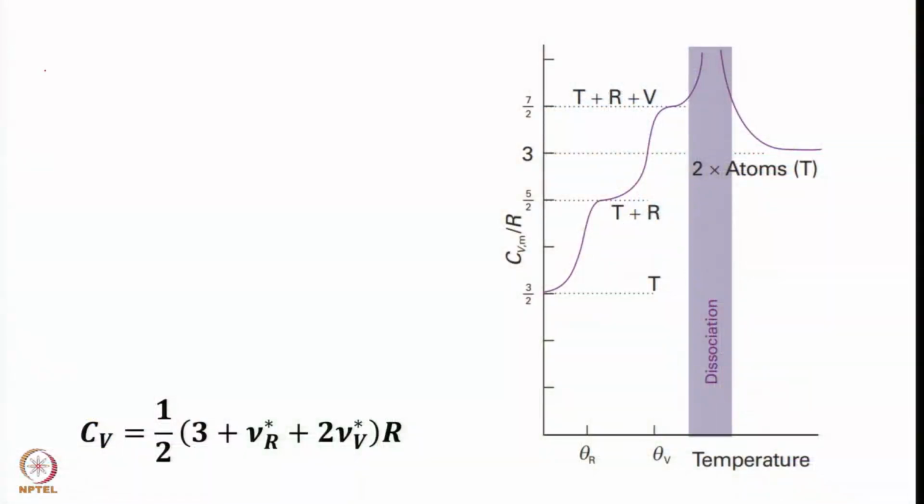So therefore, in our normal discussion, we will include translational contribution to constant volume heat capacity, we will include rotational contribution, we will include vibrational contribution. So translational, I will write again here, CVM translational is 3/2 R, fully active.